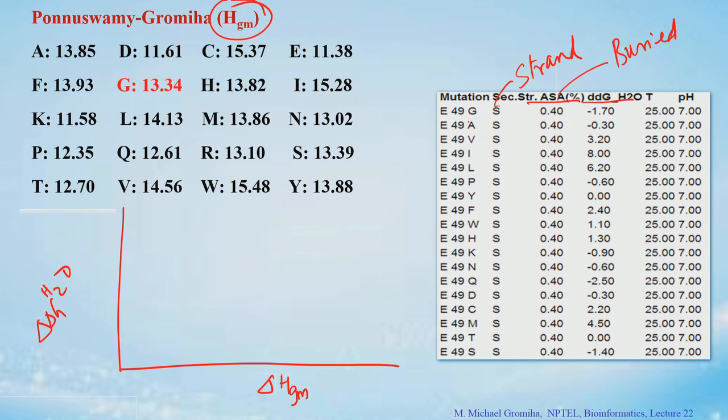So, for example, we take the first mutation. What is the first mutation? E49G. So, how to get the values? HGM of G minus HGM of E. What is G? 13.34 minus what is E? 11.38. What is the value? 1.96.